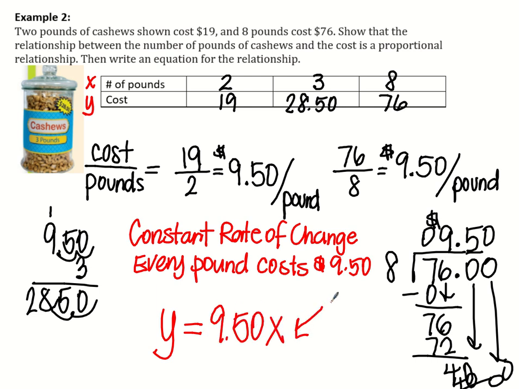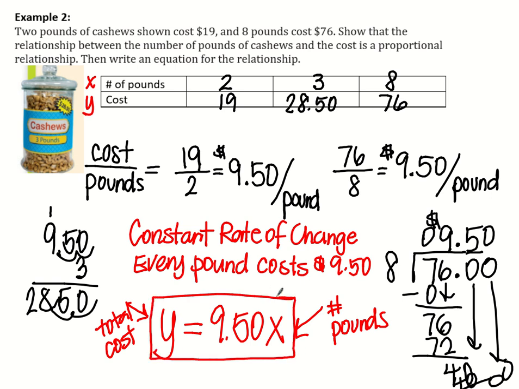The second part of this problem wants you to write the equation for the relationship. So what you're really finding is that your rate of change is multiplied by your x, your variable, the number of pounds in the context of this problem, and that gives you y, your total cost. So your equation becomes y equals $9.50 times however many pounds you're looking at.